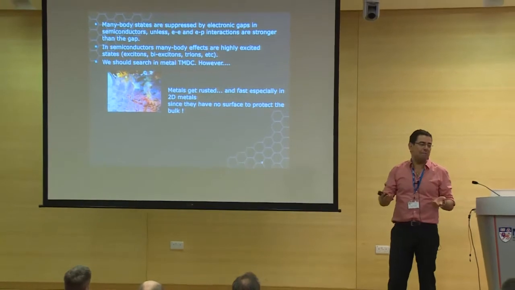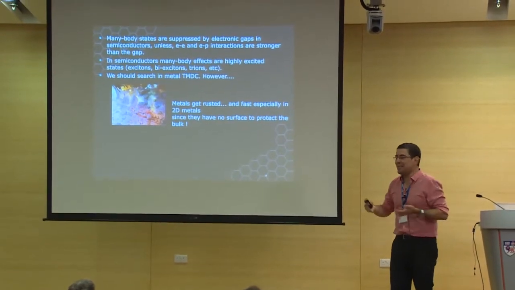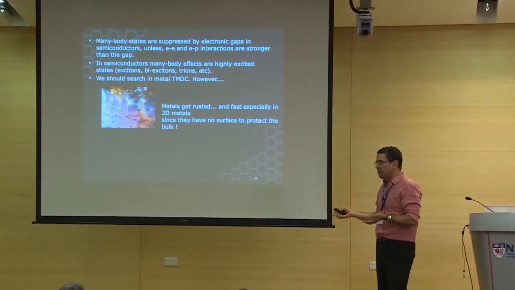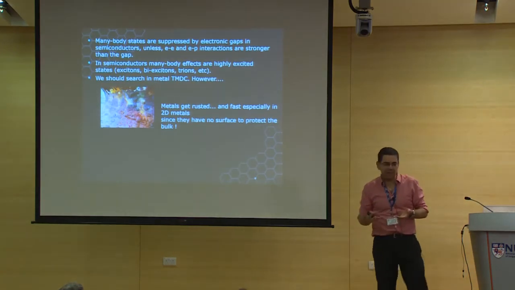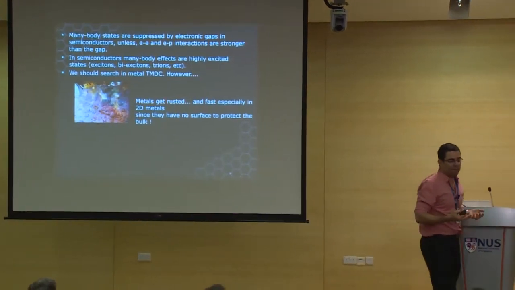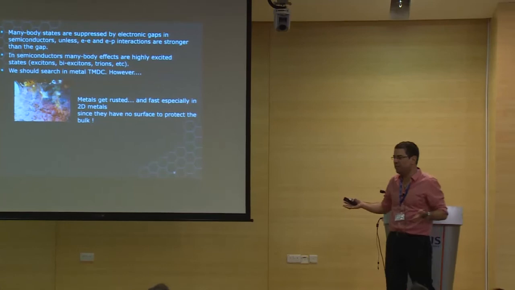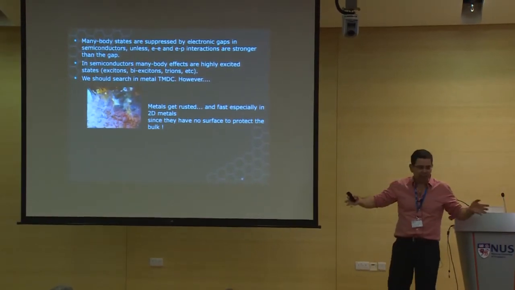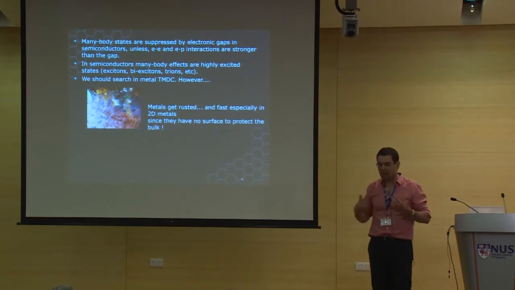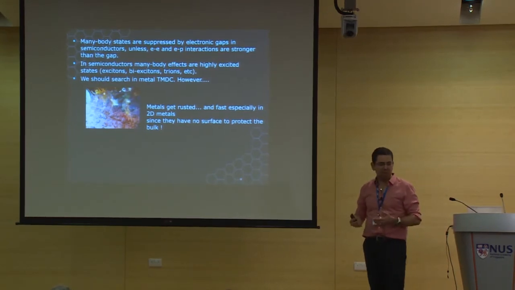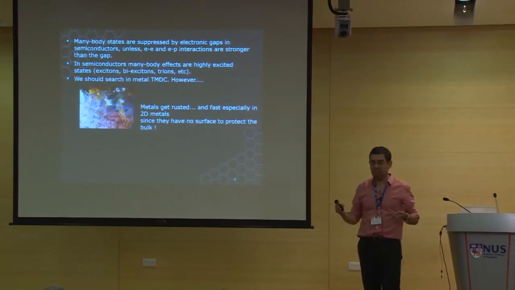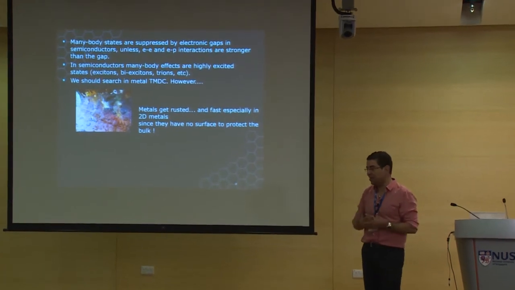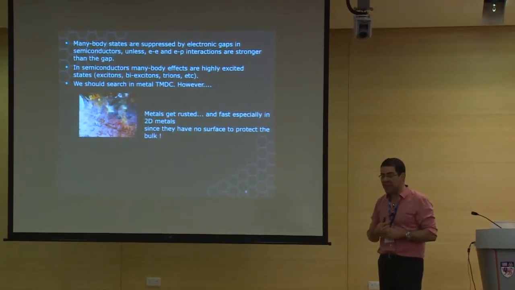But if you have a 2D metal, you don't have a bulk, you just have the surface. So this is the big problem with dealing with 2-dimensional metals. They will rust immediately as you expose them to air. So this is why in this conference, nobody is going to show you, as far as I know, data on 2D metals, because it's much harder to work with them than semiconductors.